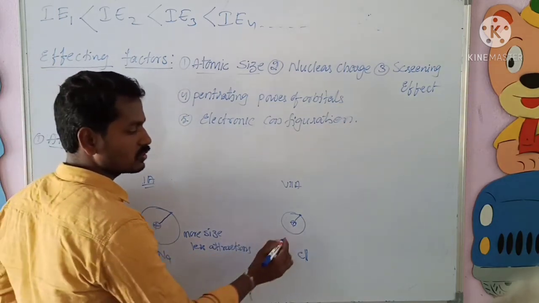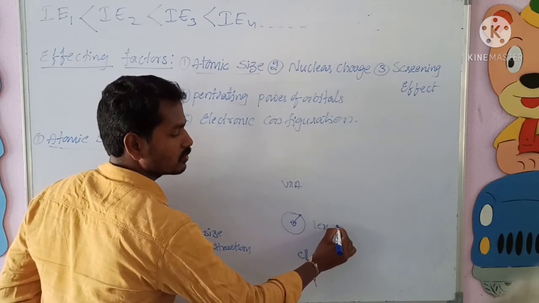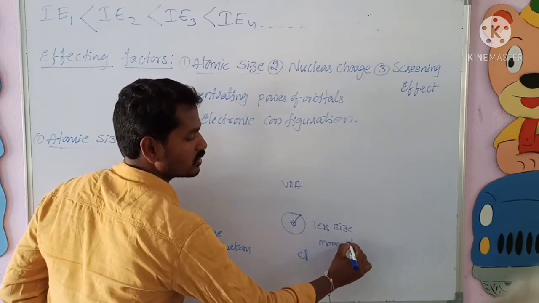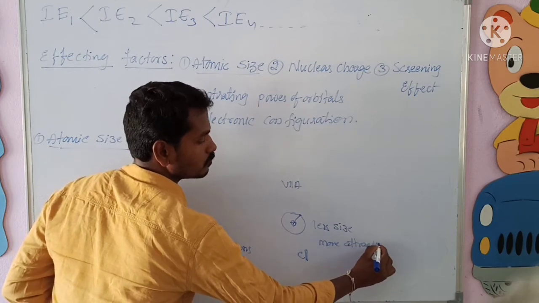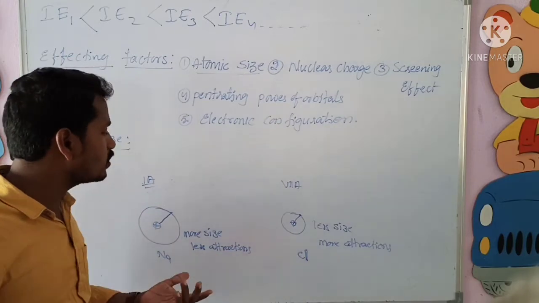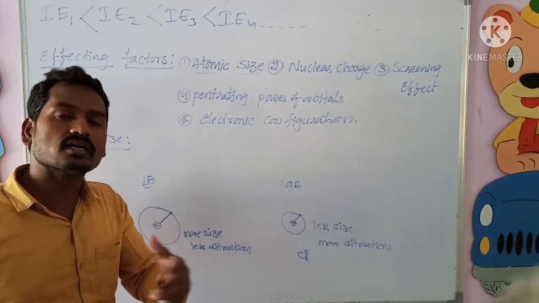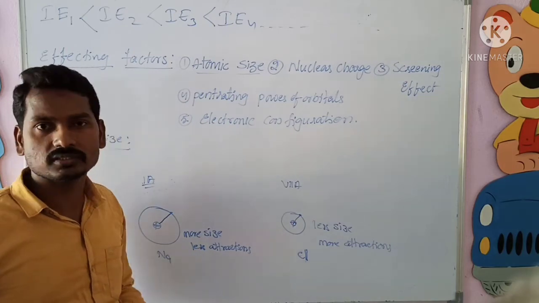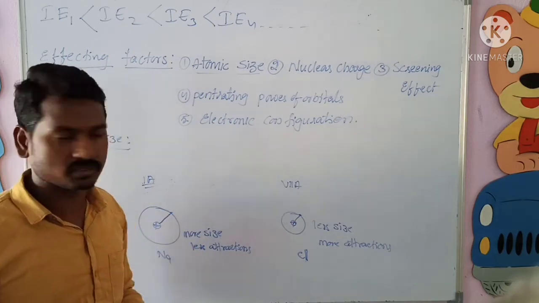But in this position, less size, more attractions. Then you decide in which case removing the electron is free, and in which case it is a difficult process.